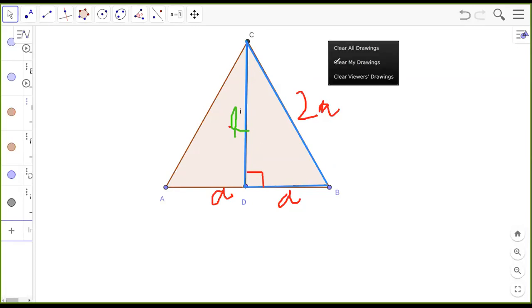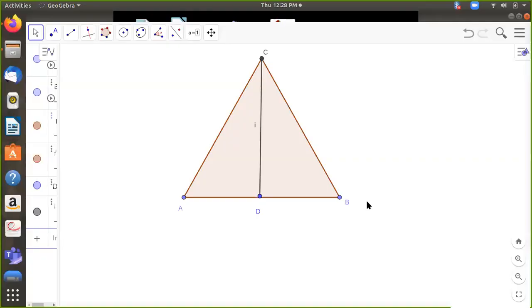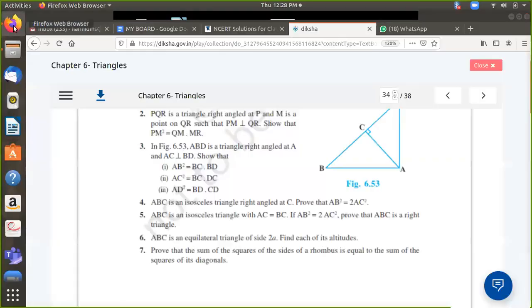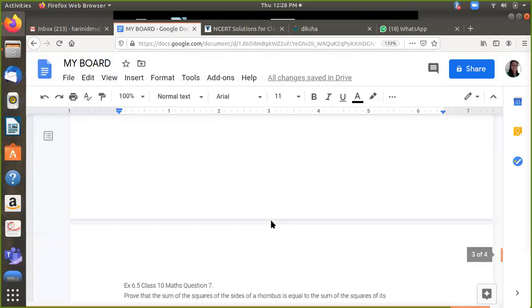Any one of the triangles you can use. So we will go back. I have to stop my screen share and get back to my page again. Okay, I have not done that here.